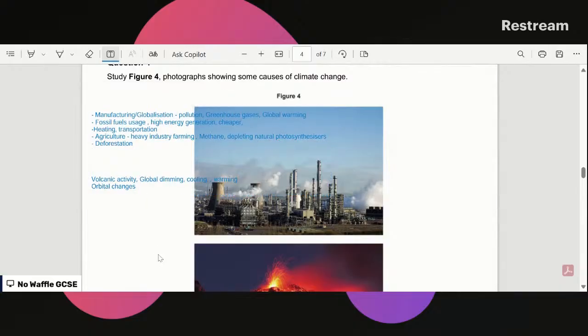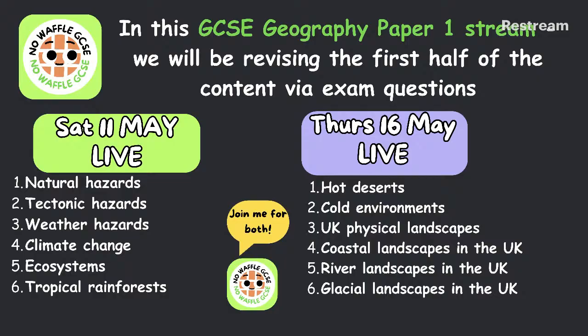Okay, so those are the different points that you can make there. Milankovitch cycles are deeper knowledge. You don't necessarily have to know too much of that.